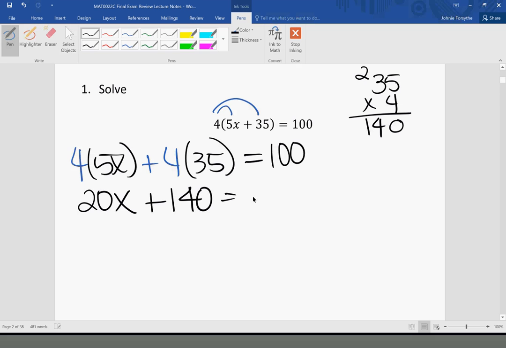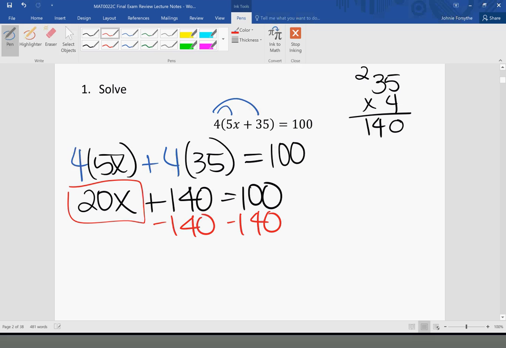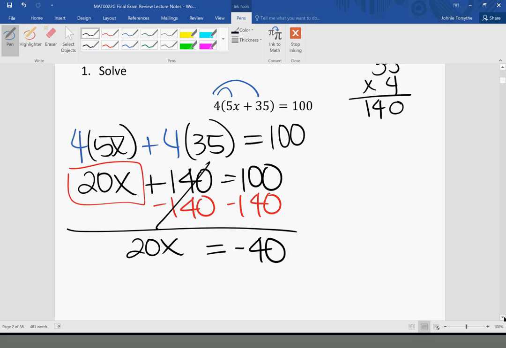So we have 20x plus 140 equals 100. And so we want to get the x term by itself. So we're going to subtract 140 from both sides of the equal sign. So on the left I have 20x, 140 minus 140 cancels out, equals 100 minus 140 will be negative 40.